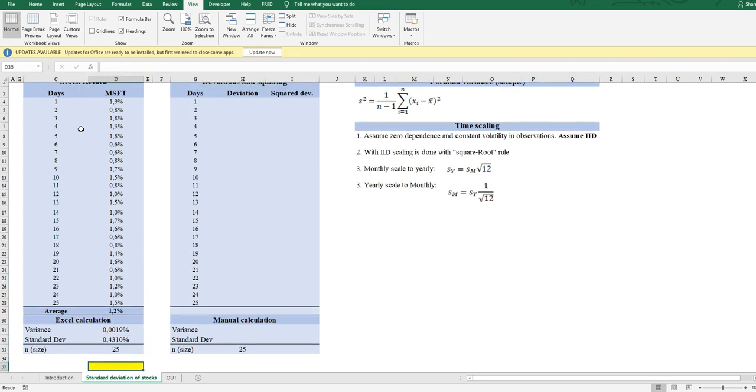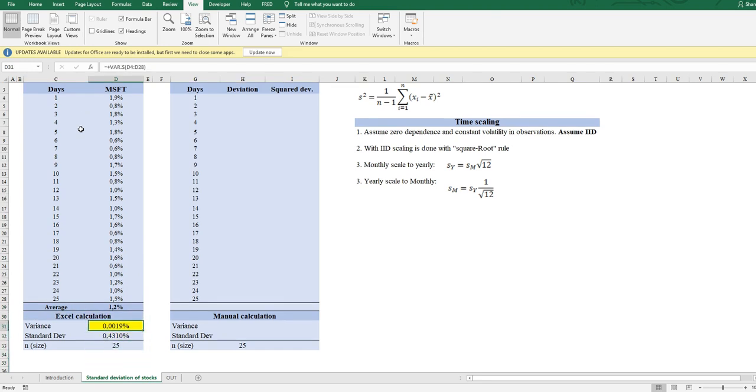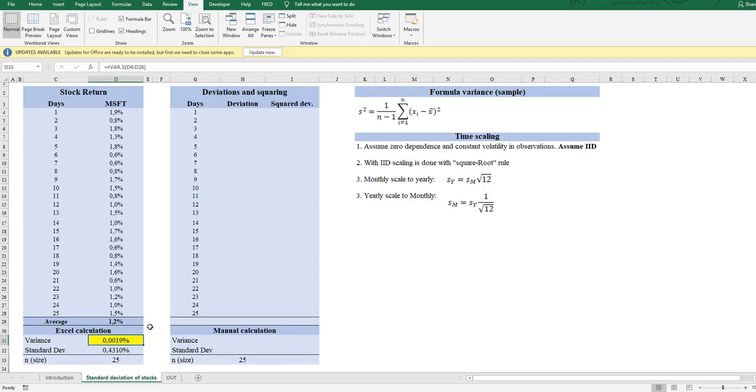Now let's just start without looking into the formula, which is up here in the right corner, but let's just have Excel calculating the variance, which is done by this formula var.s on the time series. And as you might already know, the standard deviation is linked mathematically to the variance by the square root of the variance.